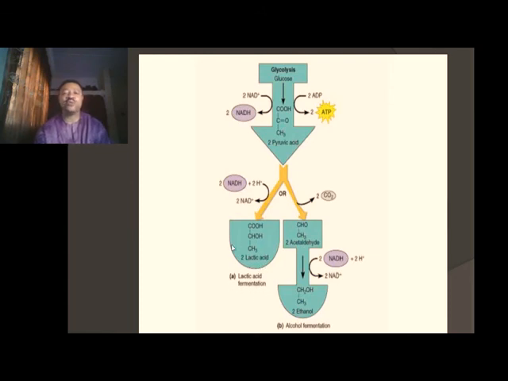This can accumulate in muscles, and that is what results in muscle cramps during strenuous exercise. But in plants, or plant-like organisms, under that same condition of reduced oxygen, ethanol will be produced, which is an alcohol.